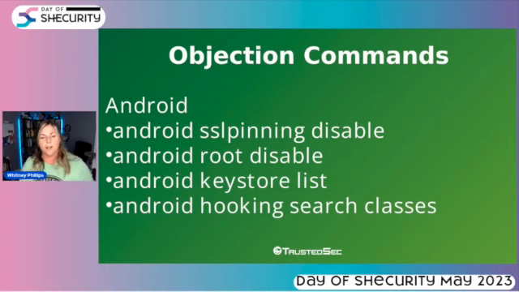From the Android side, some commands that I use: SSL pinning disable, root disable, keystore list to see if they're using the keystore properly, and then hooking and searching for classes. This is a little bit deeper into Objection. A lot of times this is used if my root disable might not be working, and we have to do a deeper dive and see where exactly the issue might be.